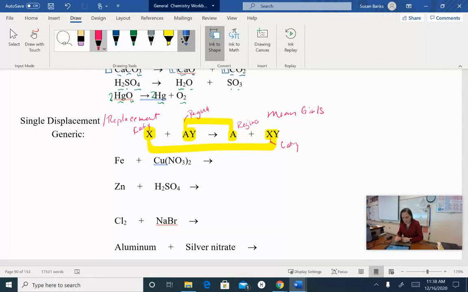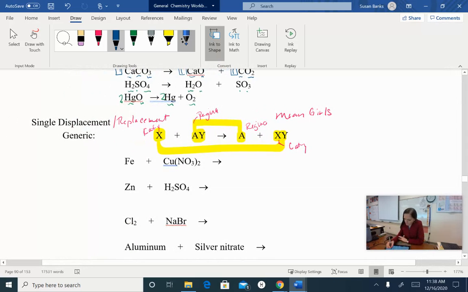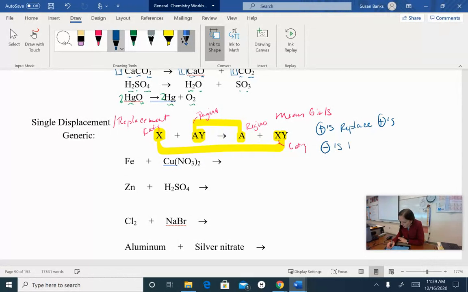Okay, so let's look at this next one. Actually, before we look at this, I want to tell you a few things. So when we do single displacement, positives replace other positives, and negatives replace other negatives.